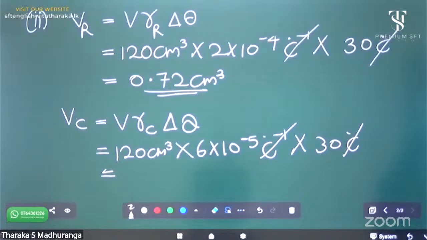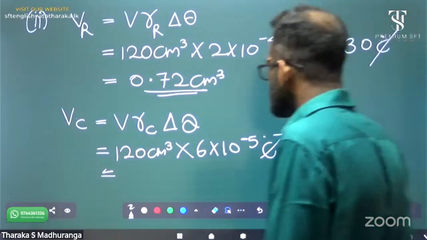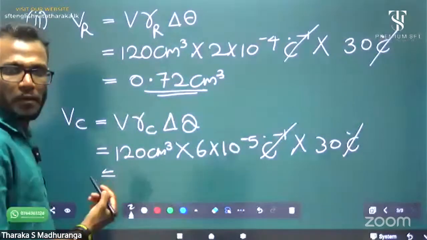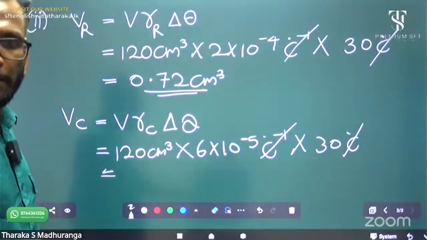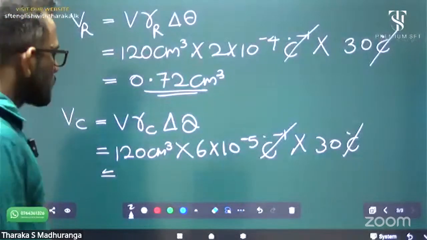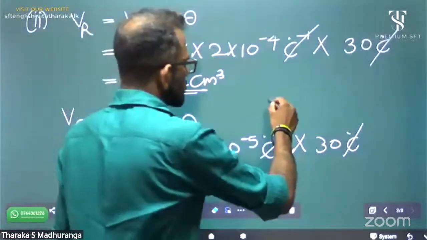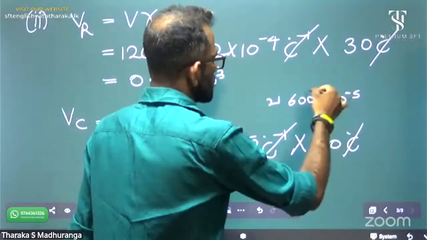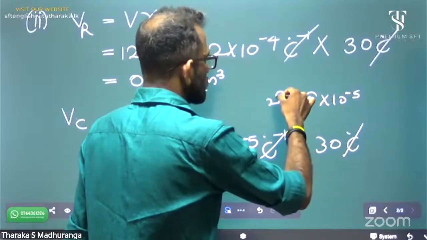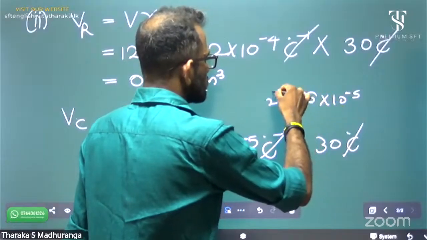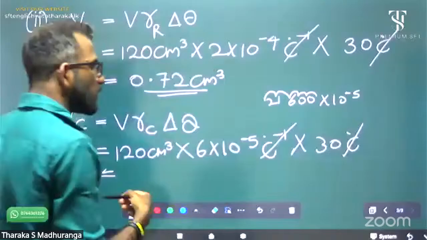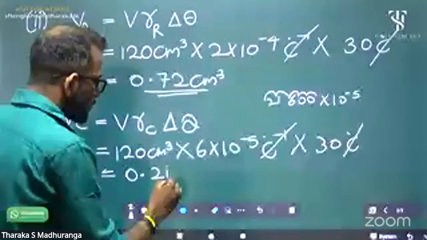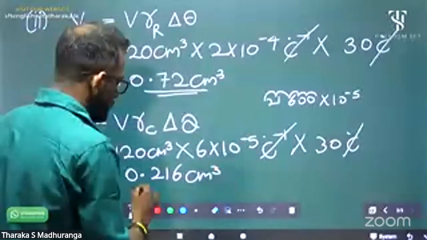You all understood? 21,600 multiplied by 10 to the power minus 5. 1, 2, 3, 4, 5. 0.216 cubic centimeter.